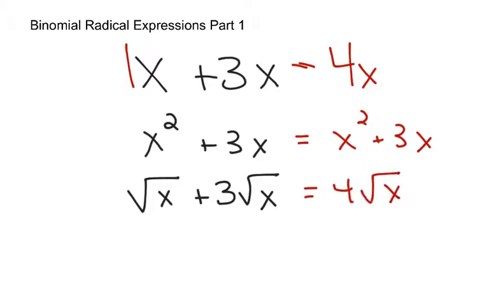Radicals work like terms, but in order to be like terms, they have to have the same radicals. So they both have to be square roots, or they both have to be cube roots, or they both have to be fourth roots, and they have to have the same expression under the radical. So, for example, I could not combine these.